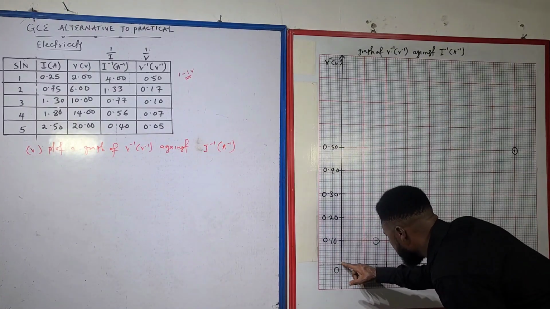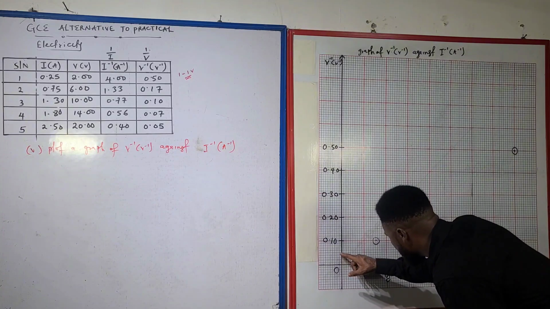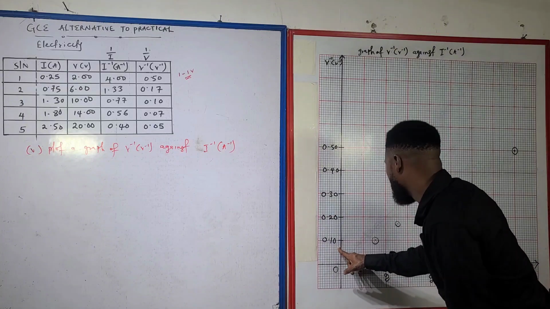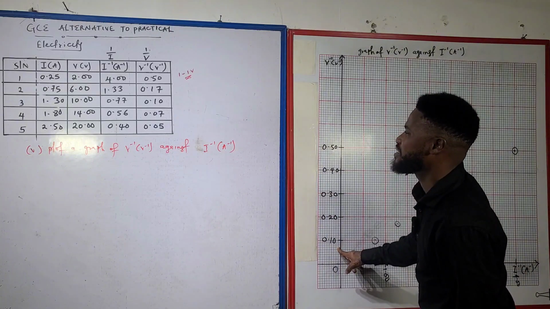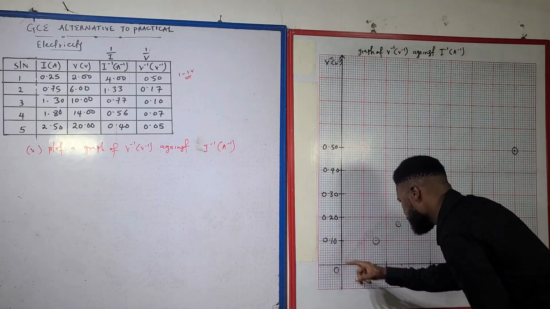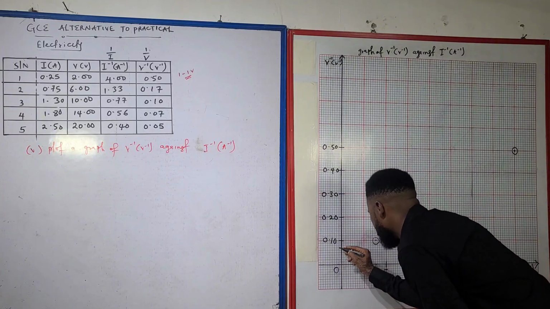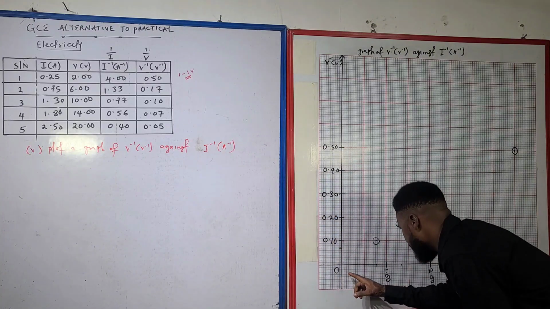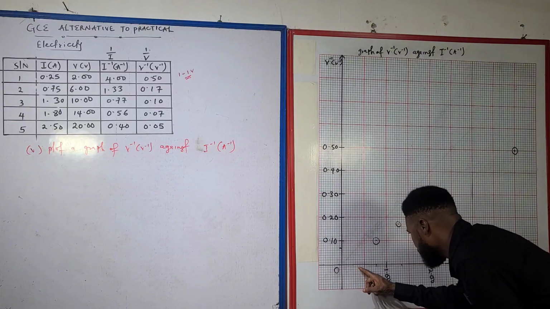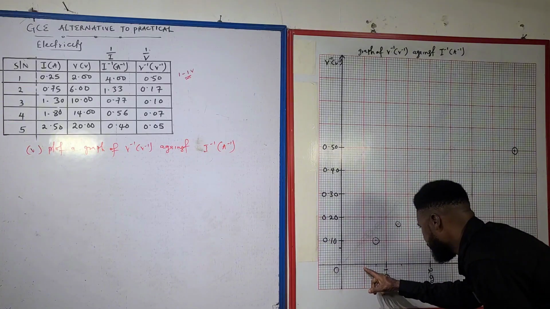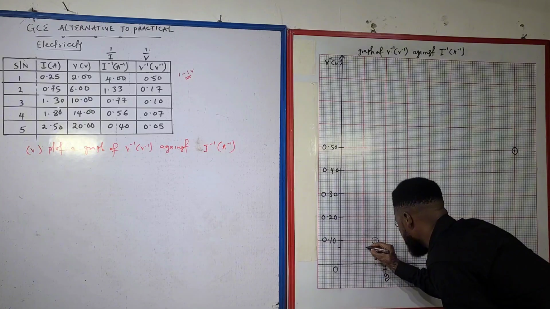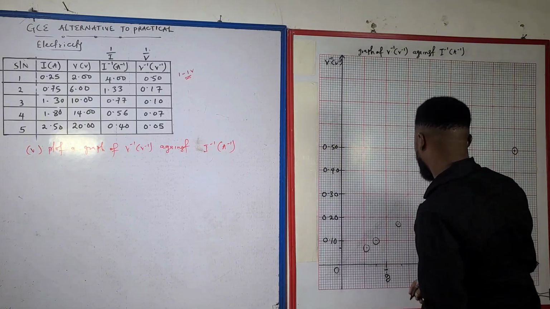This is 0.01, 0.02, 0.03, 0.04, 0.05, 0.06, 0.07, and 0.56. 0.1, 0.2, 0.3, 0.4, 0.5 should be somewhere around here. Okay, if I trace that, yes, that just does it.